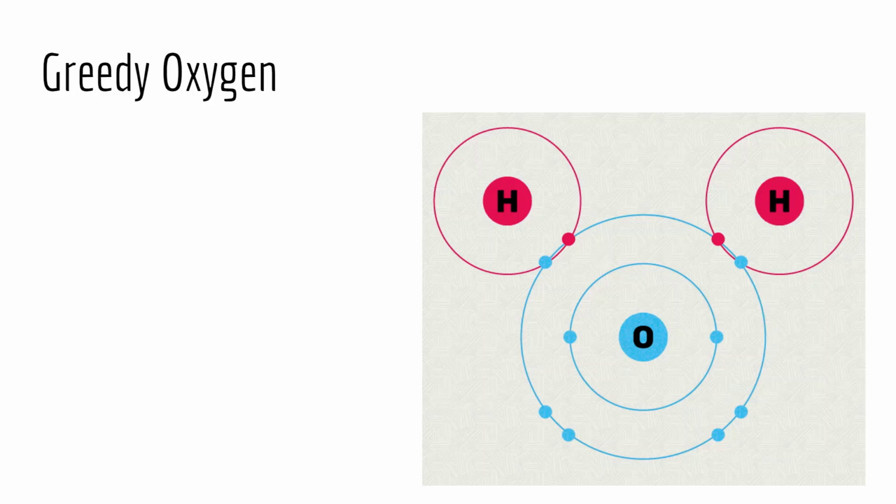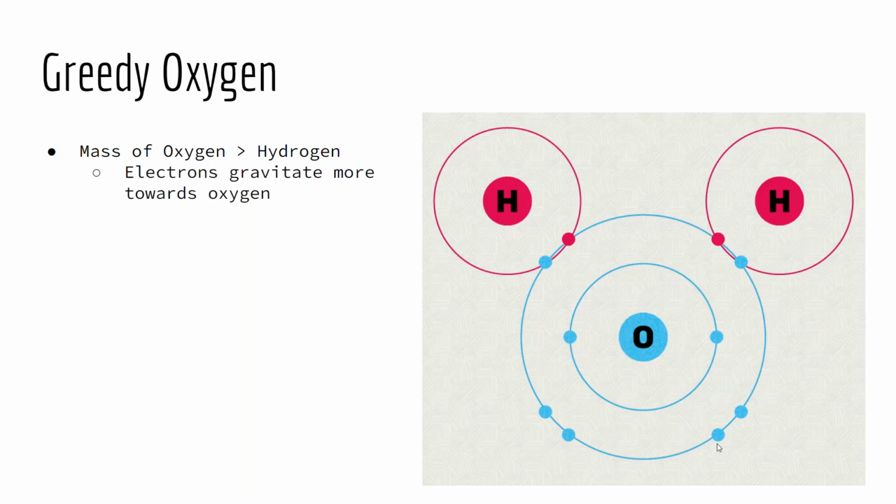The mass of the oxygen atom is a lot more than the mass of the hydrogen atom. So, the electrons are slightly more attracted to the oxygen atom than they are to the hydrogen atoms. This means that oxygen has a slightly negative charge and hydrogen has a slightly positive charge.